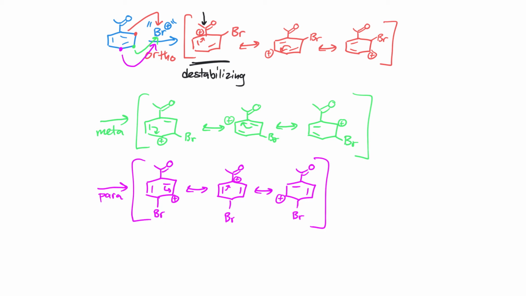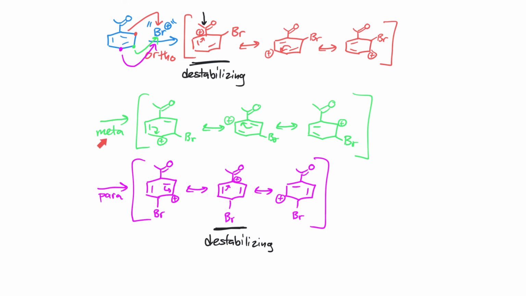This structure here in the middle, again, has that destabilizing interaction where the full cation on the ring is right next to the carbonyl carbon that bears a strong partial positive charge. So this, again, is destabilizing. So these two resonance structures that I underlined in black both help to prevent the ortho or the para addition in this case.